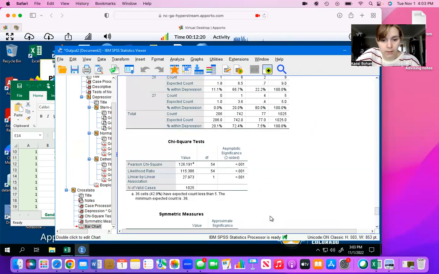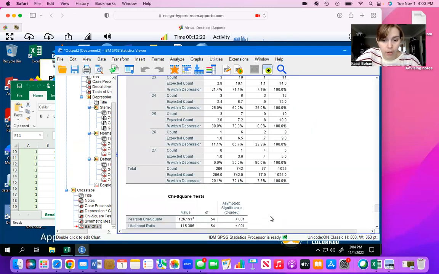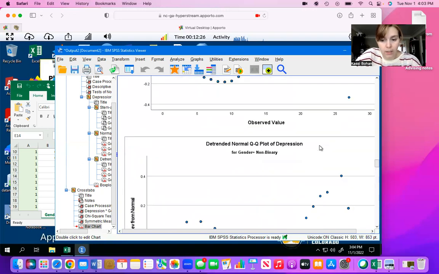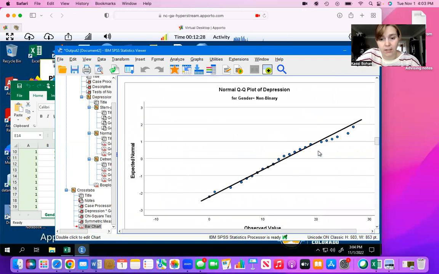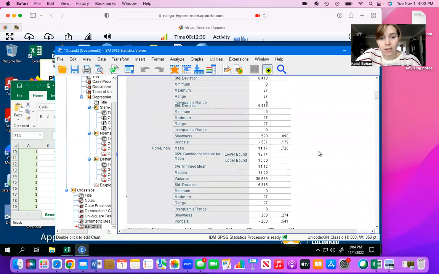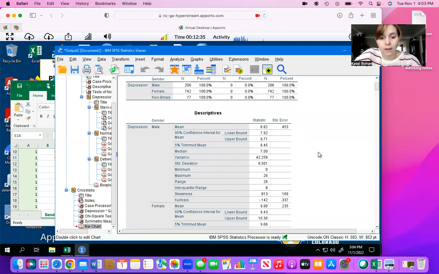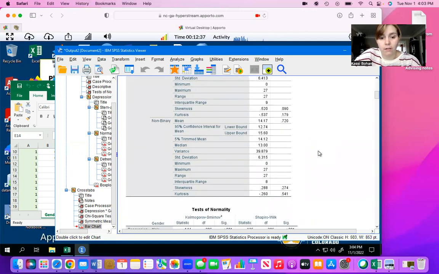But according to our means, there was significant statistical data showing that non-binary students and depression are correlated. The 14.7.